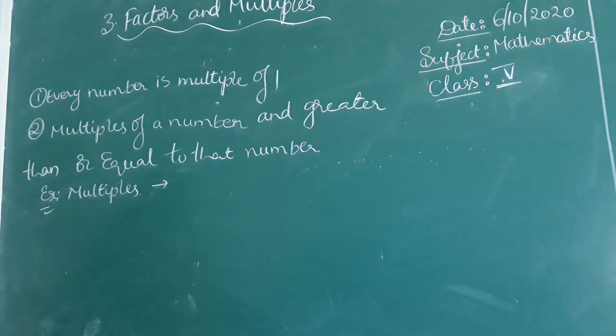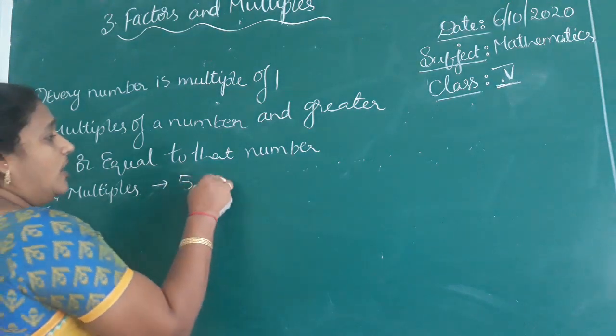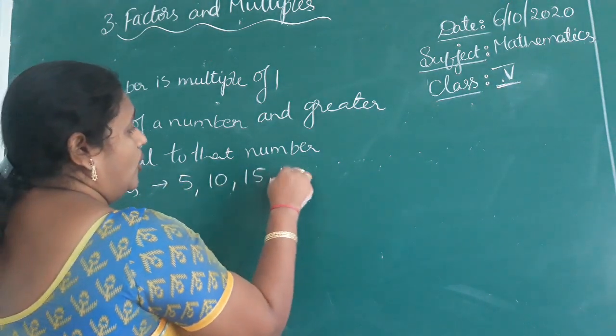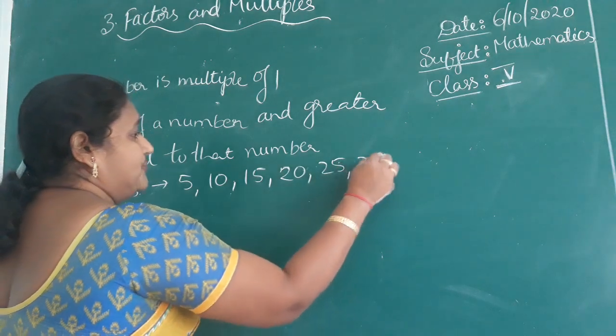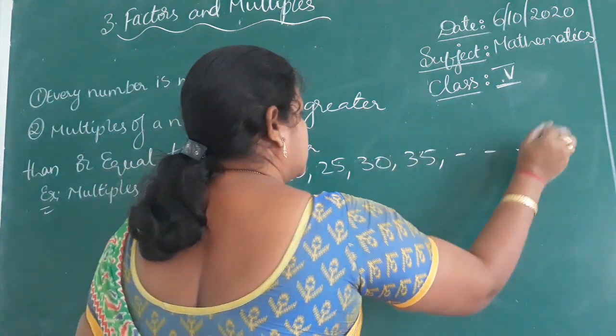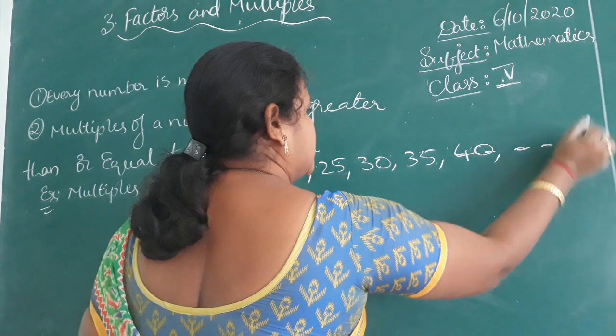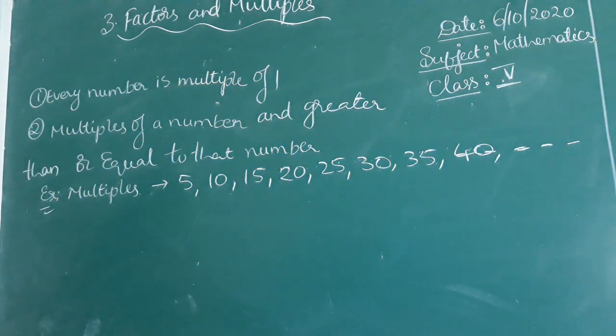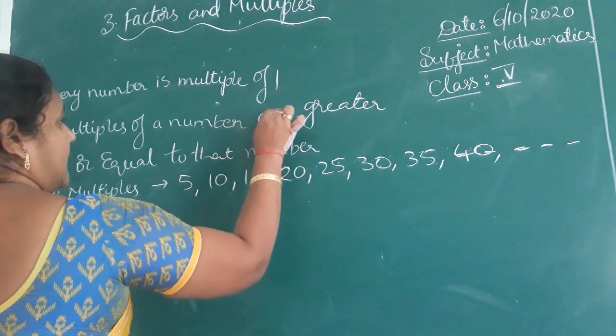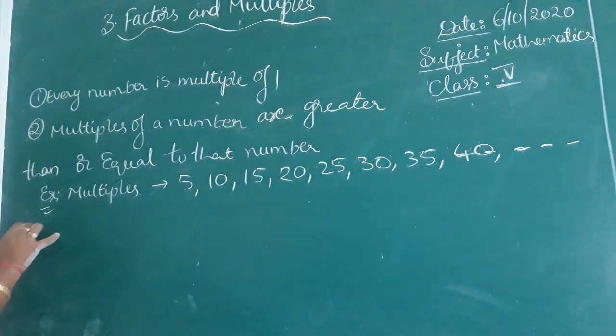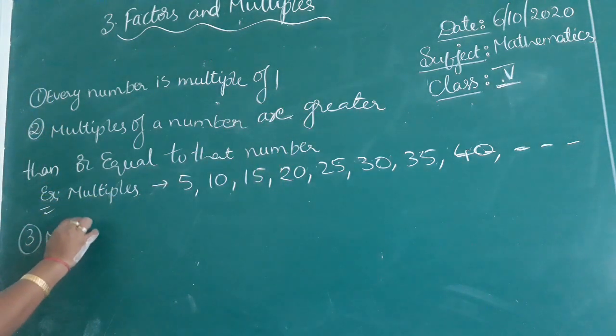That means that is equal to 5, and the remaining are all greater than 5. Like that you can write any numbers you want. You can write as many multiples as you want, where there is no restriction, at that time you have to stop. Okay? Next. Multiples of a number are greater than or equal to that number. Like that.